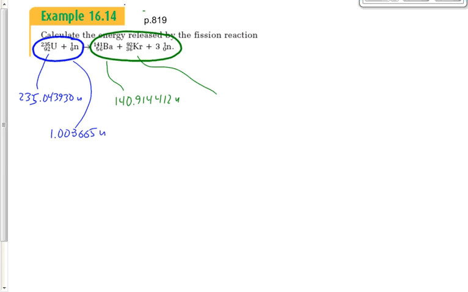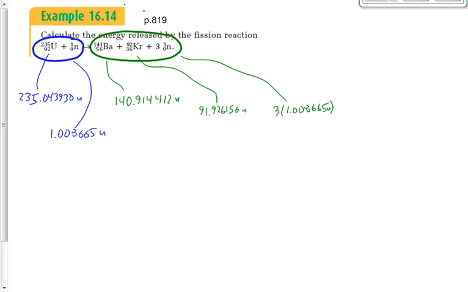Krypton 92. 91.926156 atomic mass units. And the neutrons, of course, is 3 times 1.008665 atomic mass units. All right, that's easy enough, right?